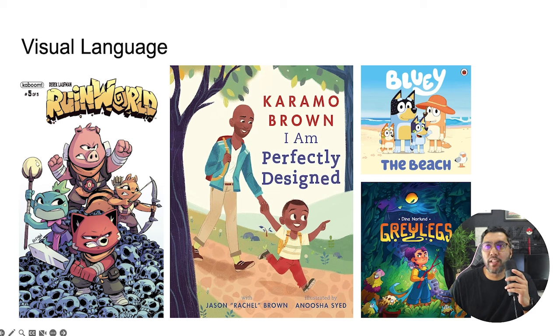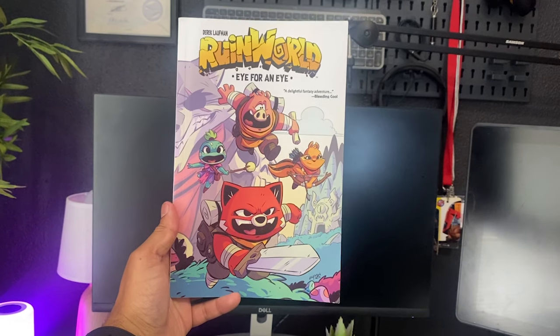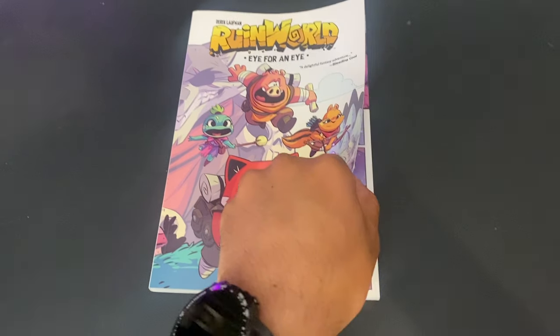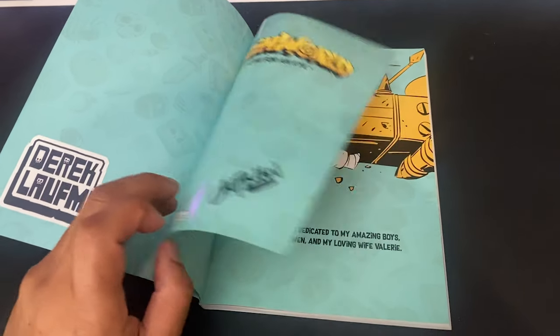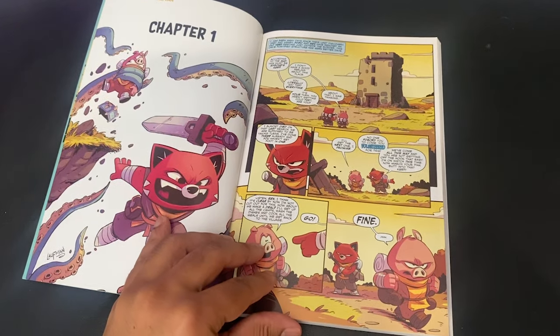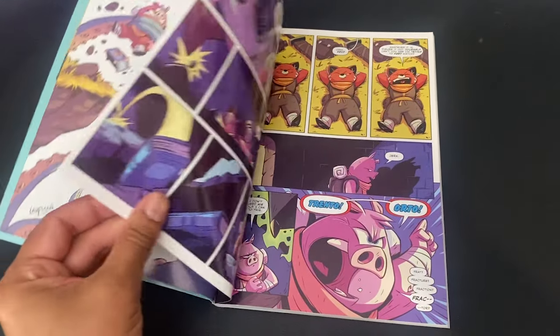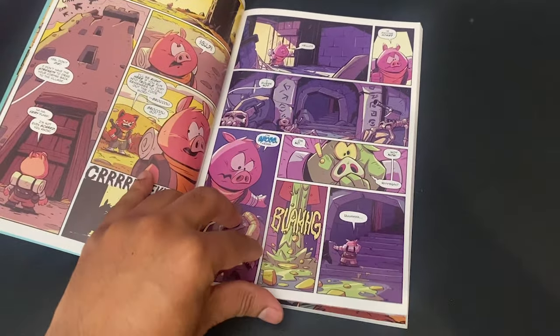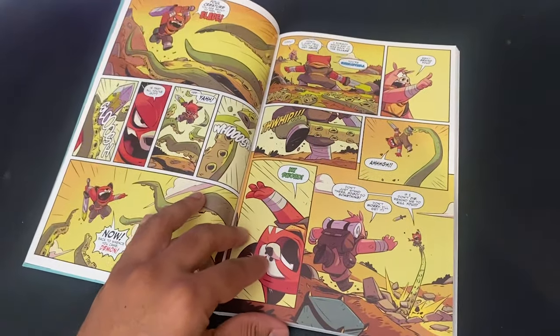But I just want to quickly take you through Rune World and give you an idea of what the visual language is. When I got my hands on this book, I was really excited. I've been a fan of Derek Loughlin for quite a while now, and I know I'm kind of contradicting myself, in the sense that I did want to do a comic book, and then I said it's too hard, and then I'm going back to creating a children's book.